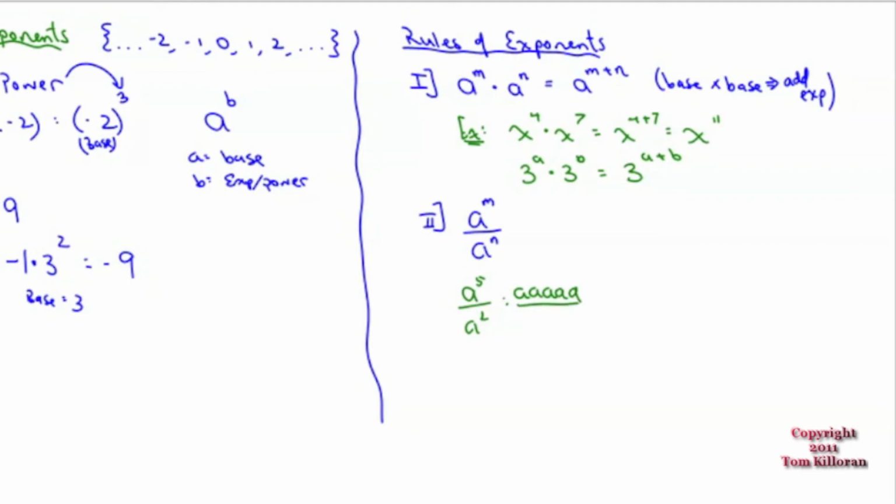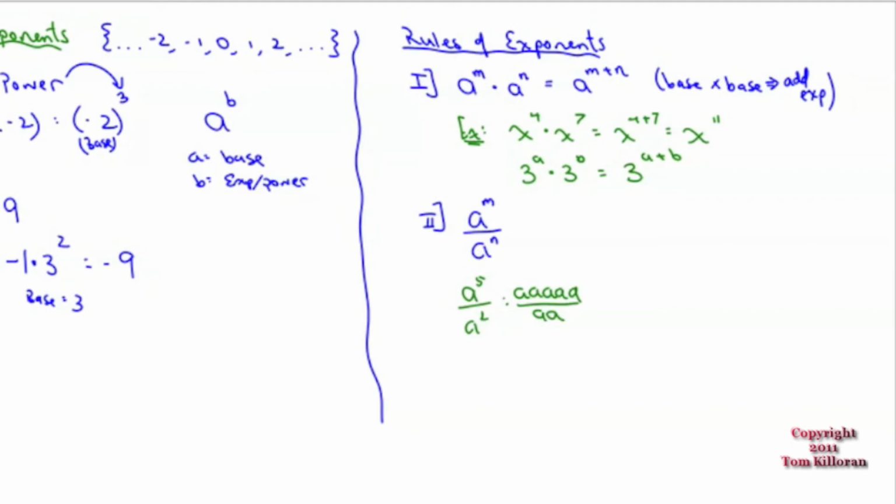What's a squared look like? And I can eliminate 2. Why? Because it's like a over a. What's a divided by a? It's definitely not additive, so there is no inverse.